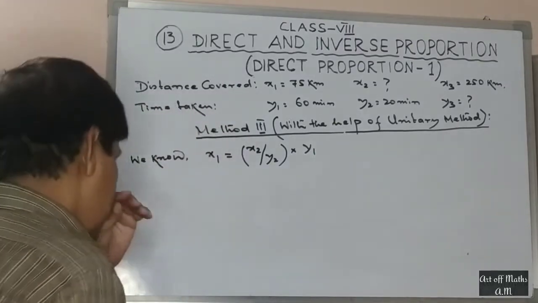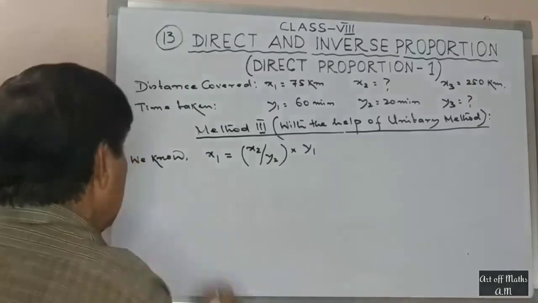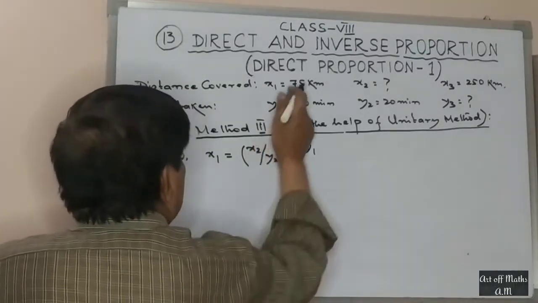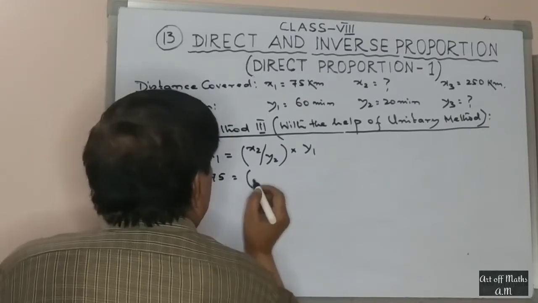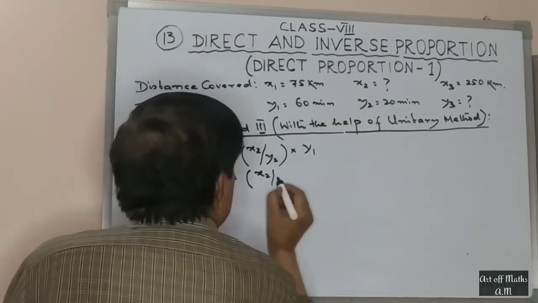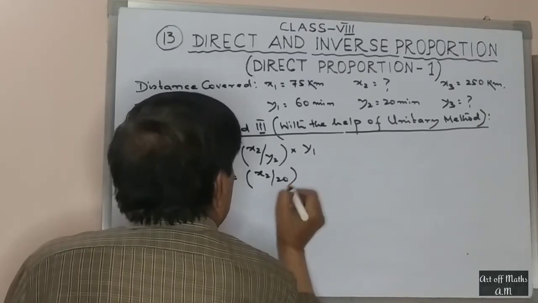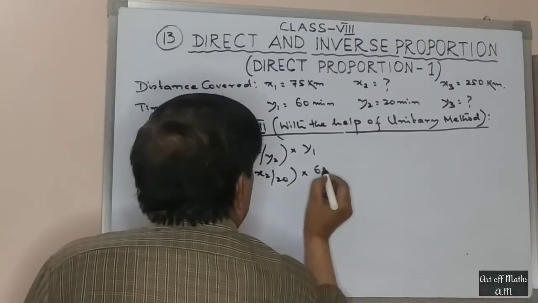This is the standard form for the unitary method. Now here x1 we have 75 equal to x2, that is unknown, y2 20 into y1 60.